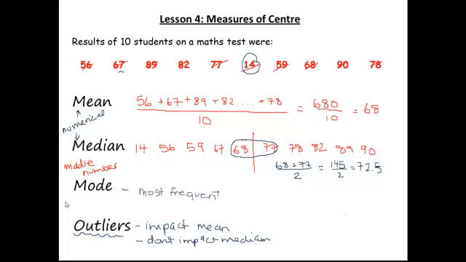Where we use the mode a lot is when we look at categorical data. And the mode often comes in handy when we have group data like we did in our last lesson, and you would maybe look at what's called the modal class, which is the class with the highest frequency.